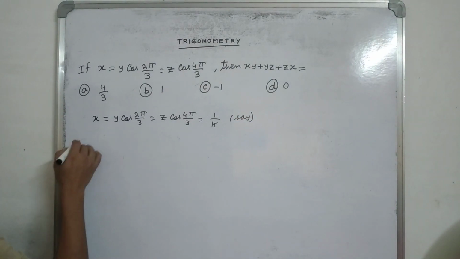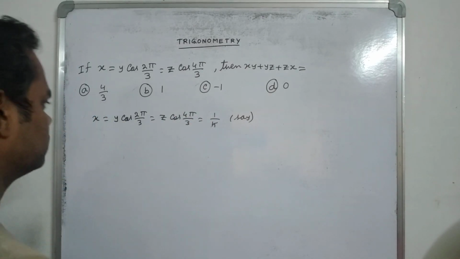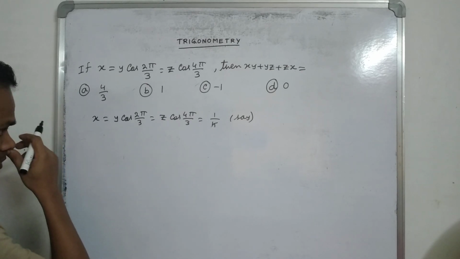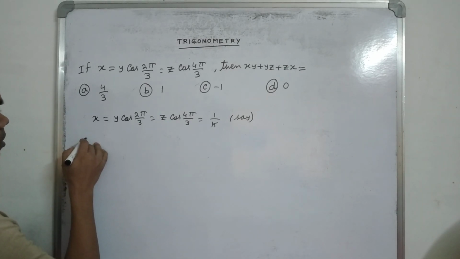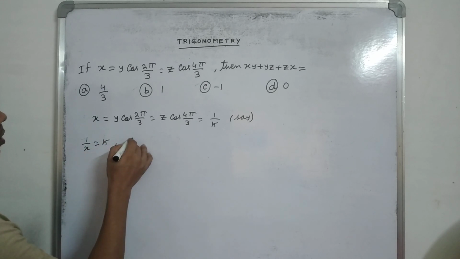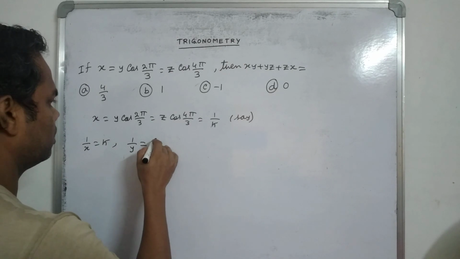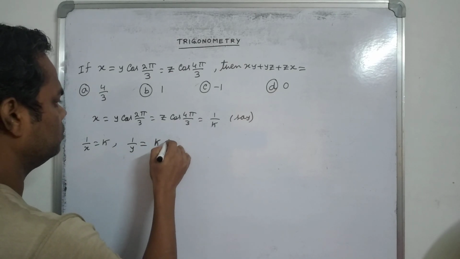Therefore x equals 1 by k, so 1 by x equals k, and 1 by y is equal to k cos 2 pi by 3.